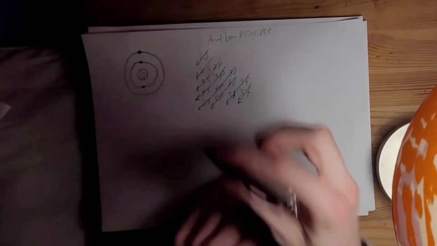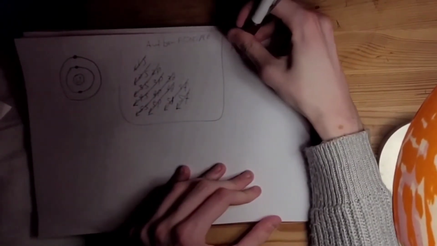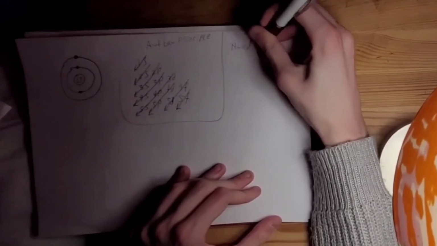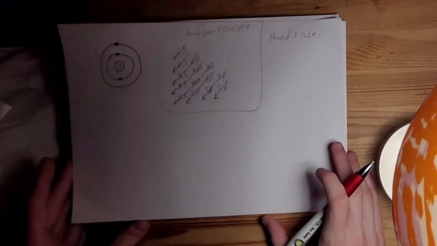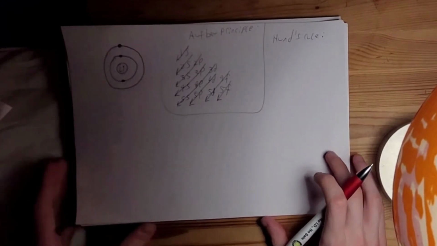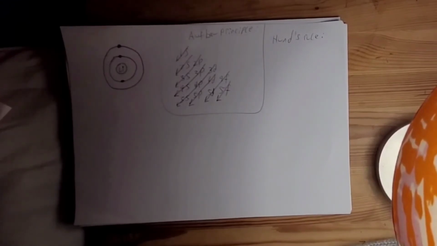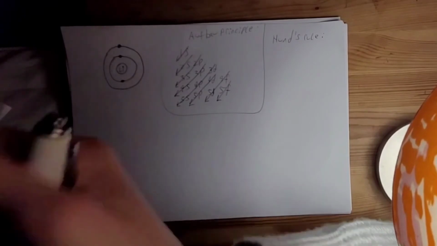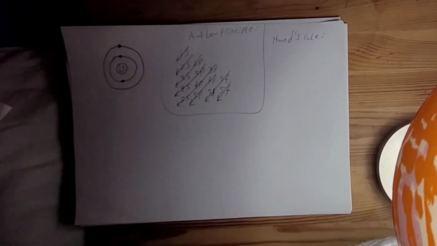We should also talk about Hund's rule. And what Hund's rule says is that each orbital must be half full before you can then start adding an electron to an orbital which already has an electron in it.